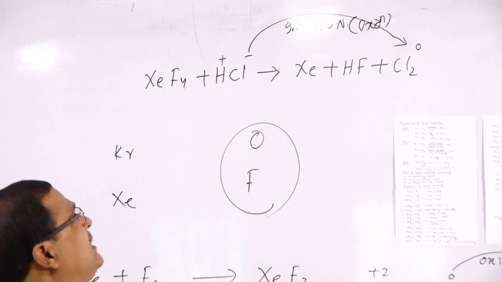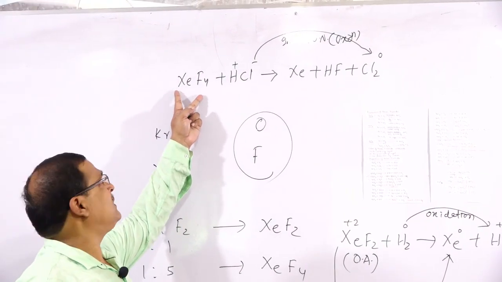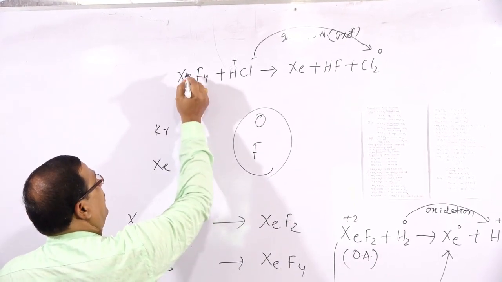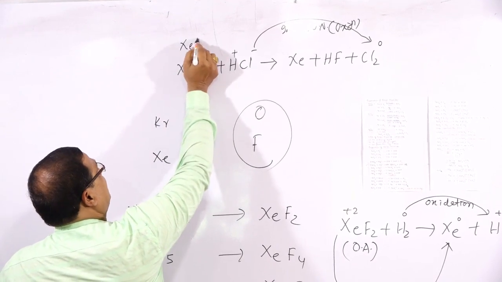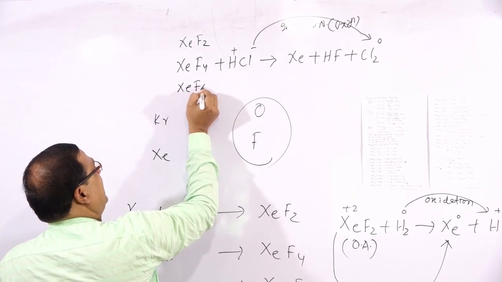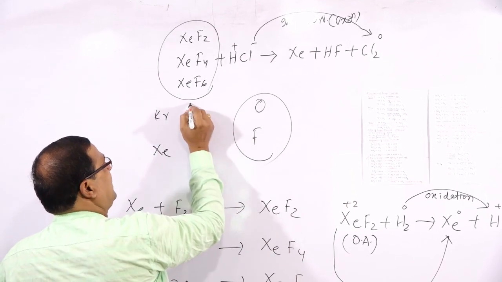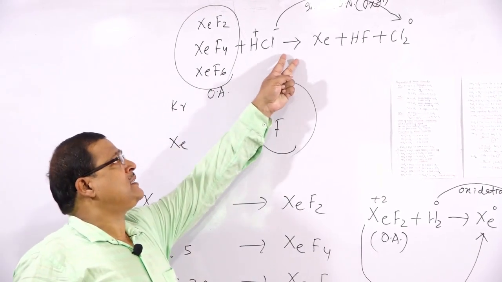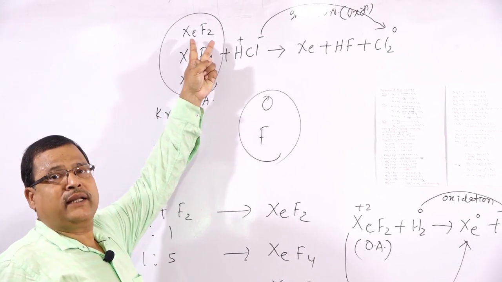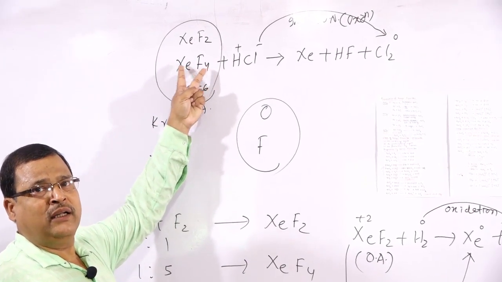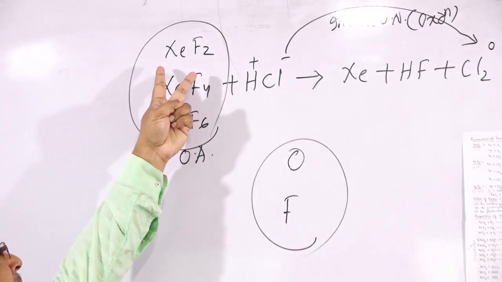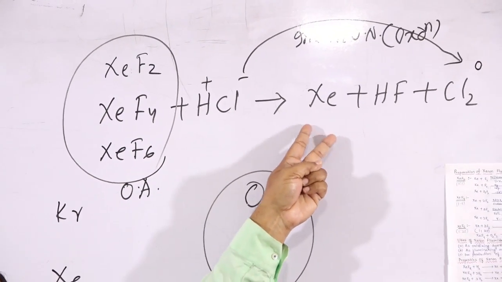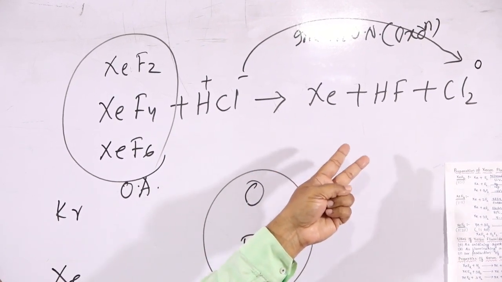So the xenon fluorides, XeF2, XeF4, or XeF6, will act as oxidizing agents. We have to balance this equation, whether we take xenon difluoride, tetrafluoride, or hexafluoride, but the products are xenon, HF and Cl2.